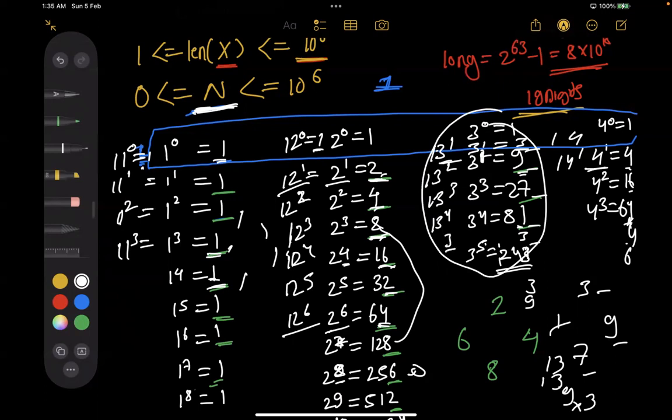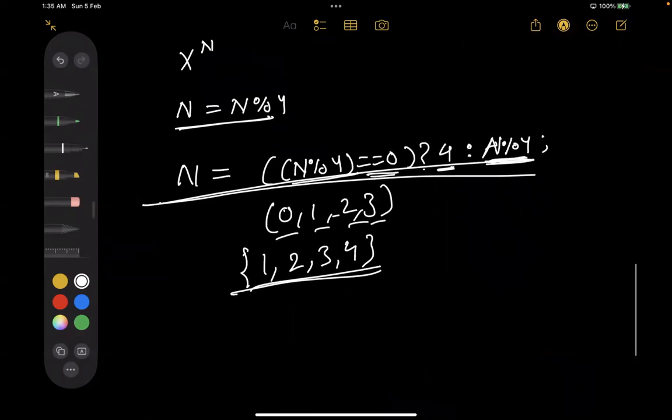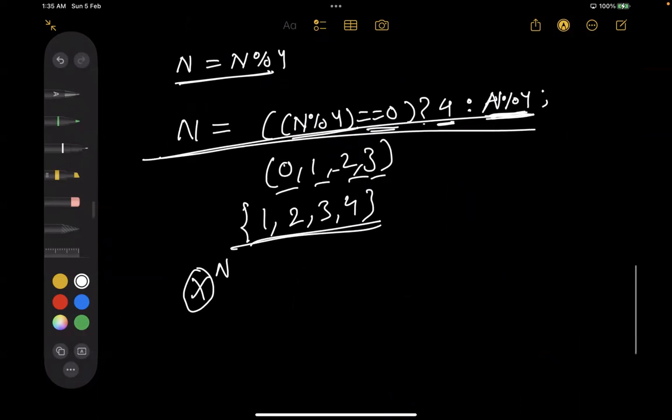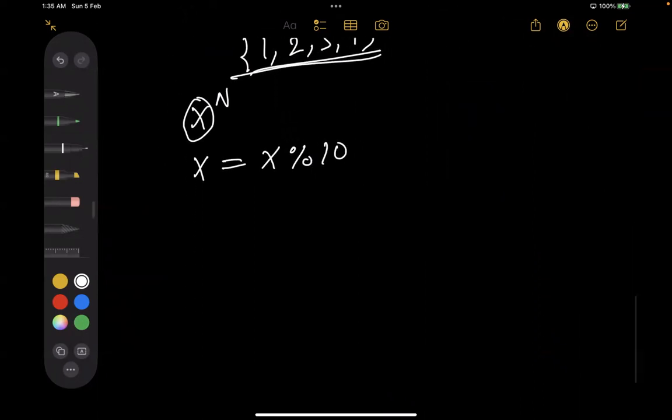Right? So now, can we write, instead of finding x power n, can we take the last digit of x and find x power n? Yes. So we can reduce x to x modulo 10.